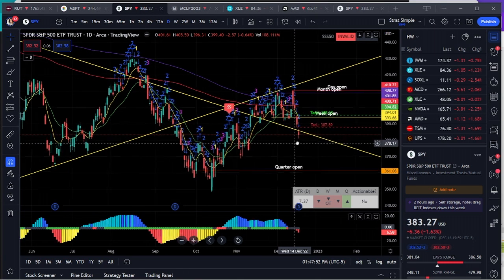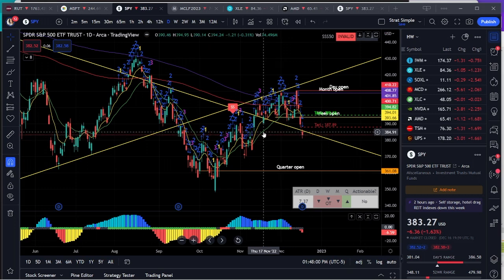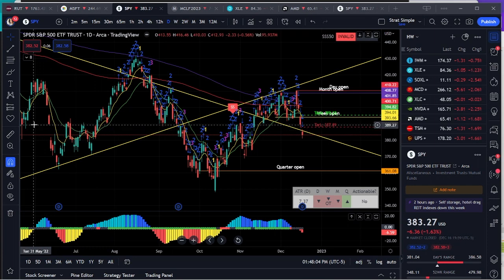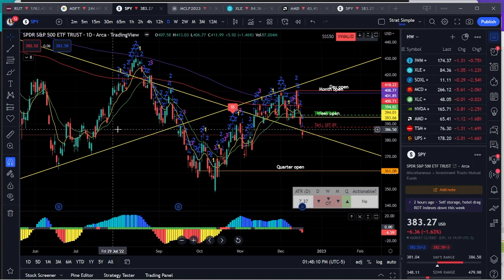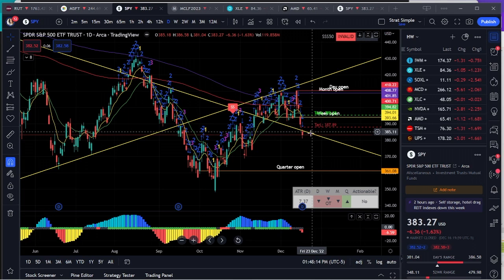But one thing I pointed out in the class this morning that I also wanted to show y'all is that we gapped down here and we filled this gap, but look at this area of price right here. This is an area where we've also gapped down before, and it's an area that we kind of have moved fast through, so I can definitely see us chopping around here, maybe ironing this area out.